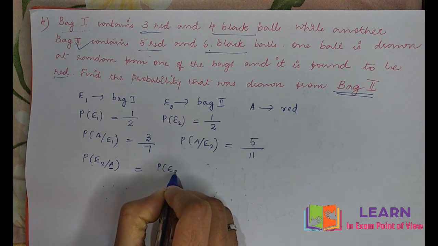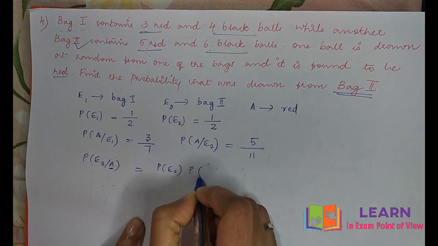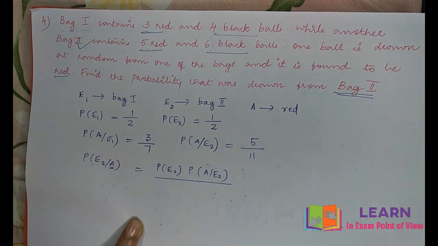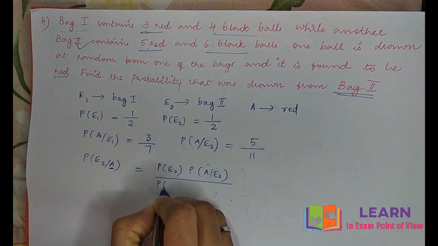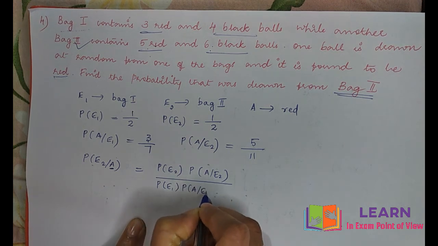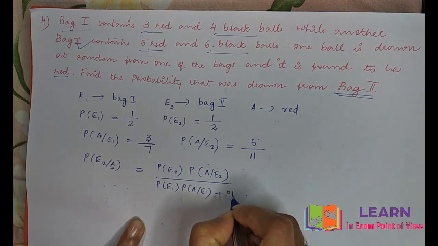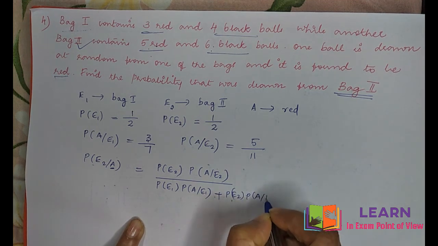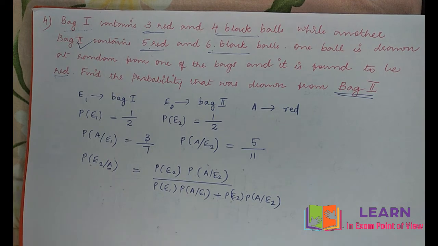P of E2 into P of A given E2 divided by P of E1 and its conditional probability P of A given E1, okay, plus P of E2 and its conditional probability P of A given E2. Fine, this is the formula.